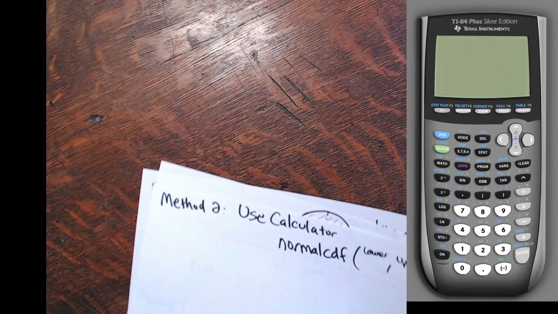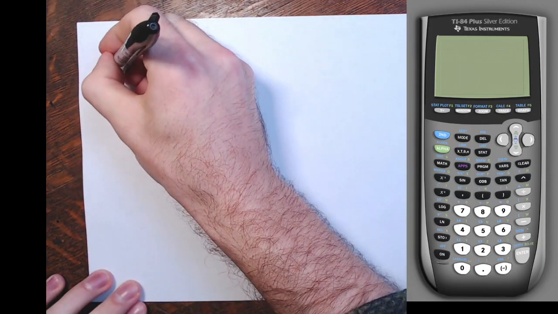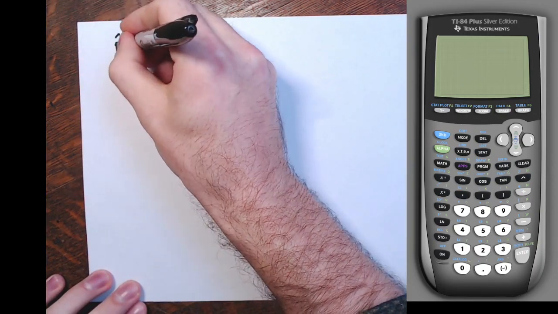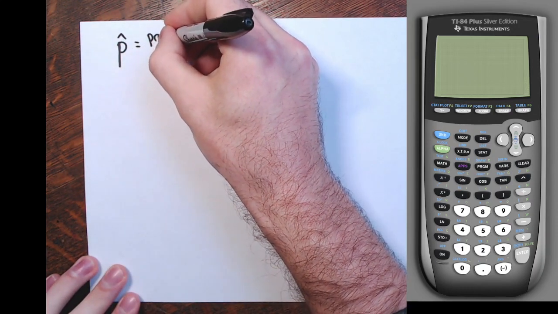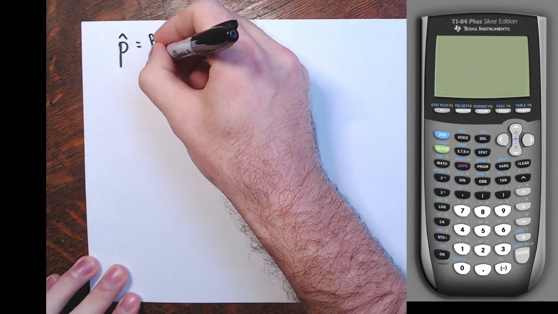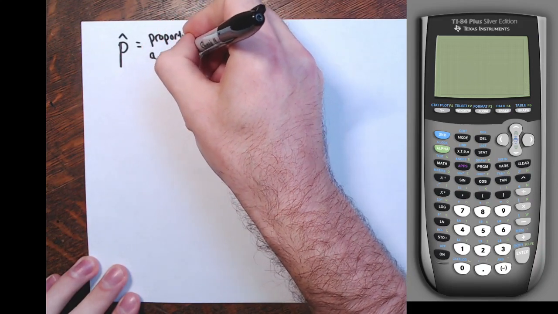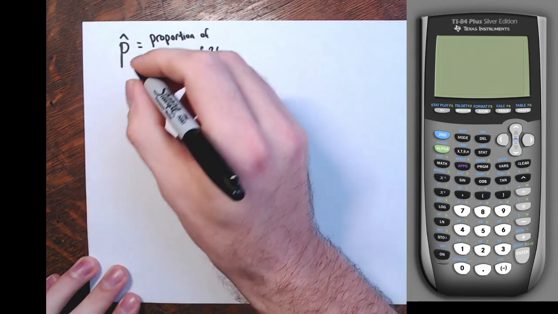So this time, p hat represents the proportion of a sample of size 36 that get coffee with a sandwich.